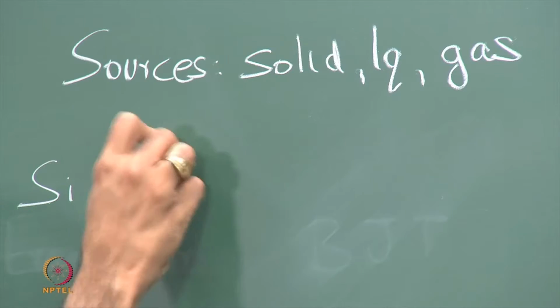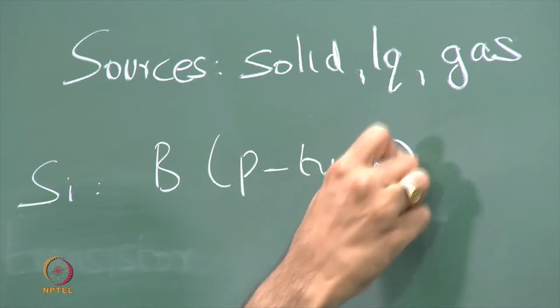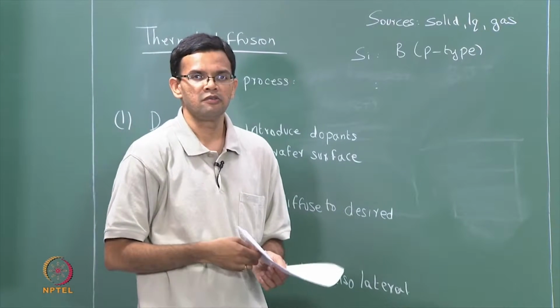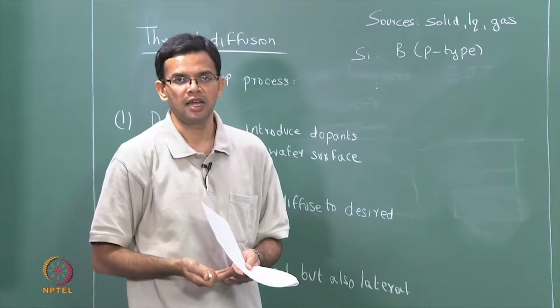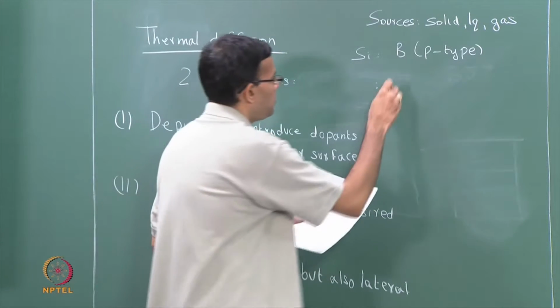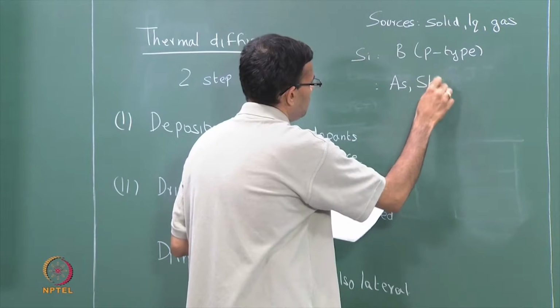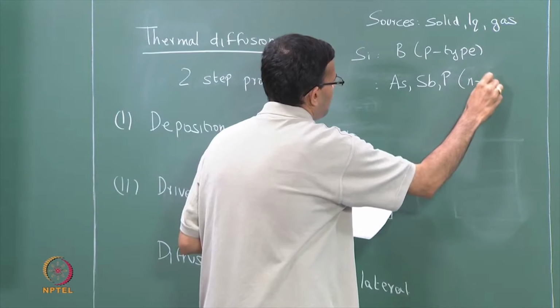So boron is your p-type dopant. On the other hand, your n-type dopants will be elements from group 5, because group 5 elements have an extra electron. So these could be arsenic, antimony and phosphorus. These are all n-type dopants.